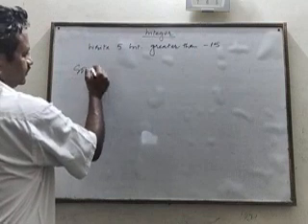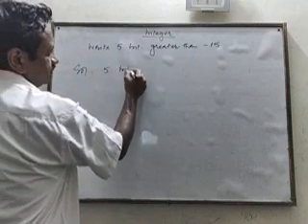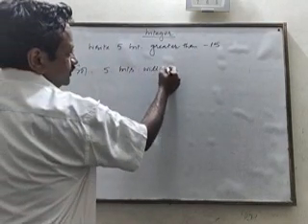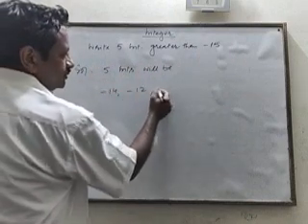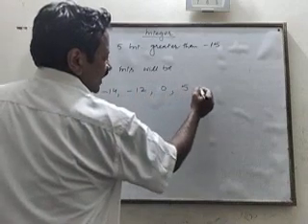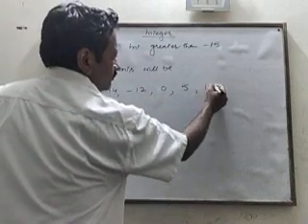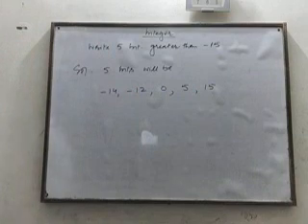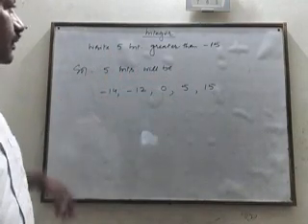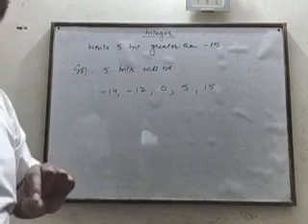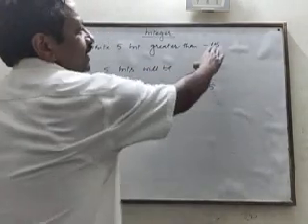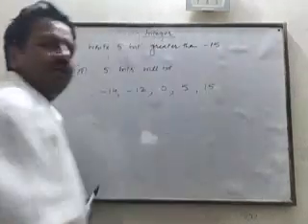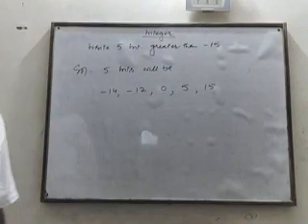So 5 integers that will be a solution are minus 14, minus 12, 0, 5, 50. Any 5 integers you can write here, but they should be greater than minus 15. Naturally, whatever integers are on the right side of minus 15, they are all greater than minus 15.